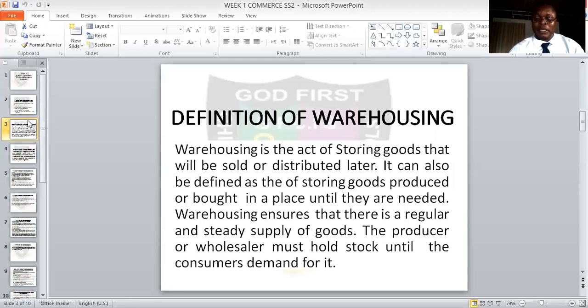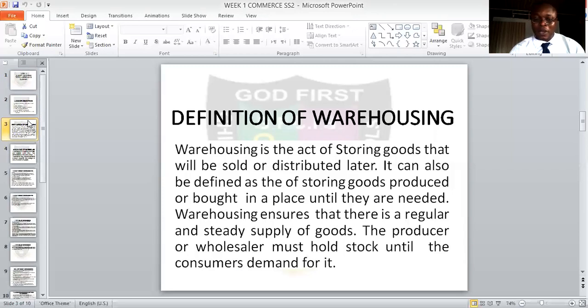So then again, warehousing can also be defined as the storing of goods produced or bought in a place until they are needed. So warehousing simply means storing of goods until when the consumer will demand for them.